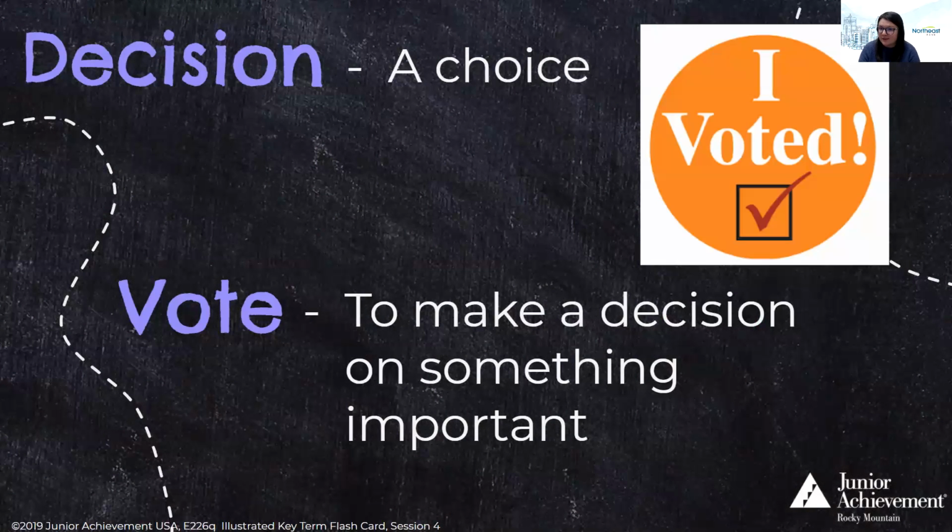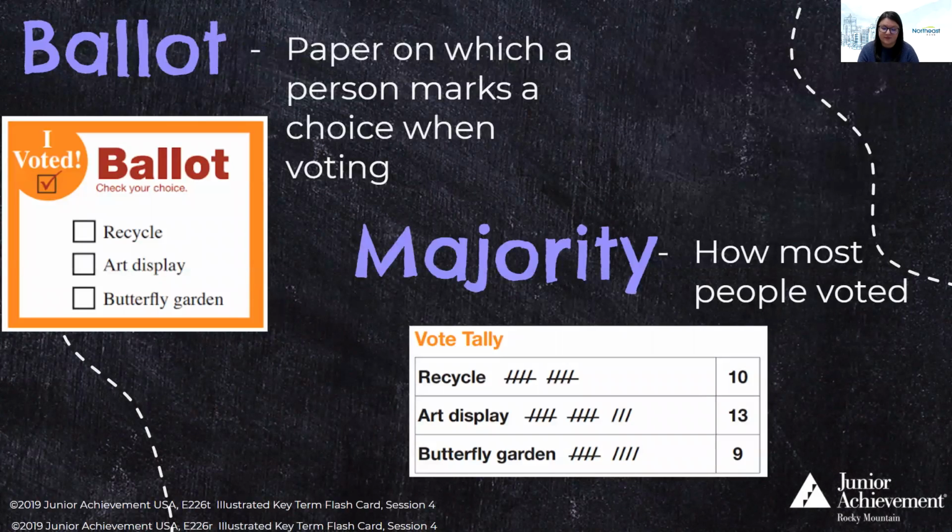Have you ever voted on something? Maybe your friends couldn't agree on playing baseball or football. You could vote to decide what to do. Some decisions are important and others aren't as important. For important matters, the official way we vote is by filling out a personal ballot to submit what we want to vote for.